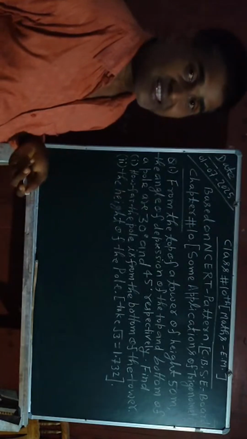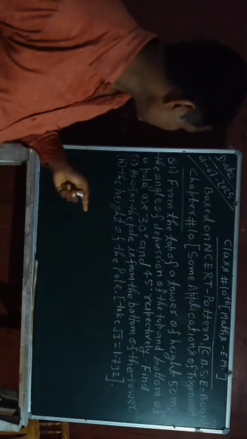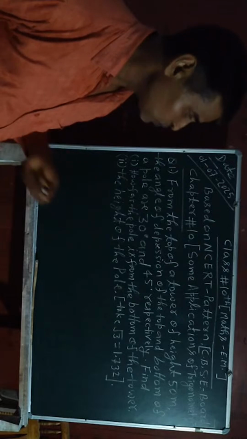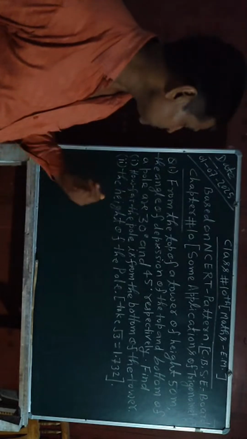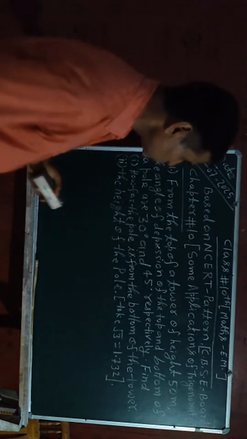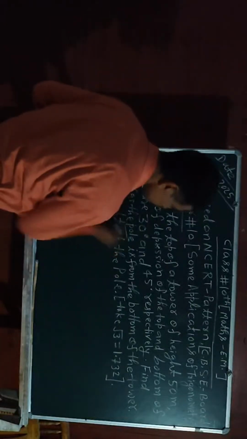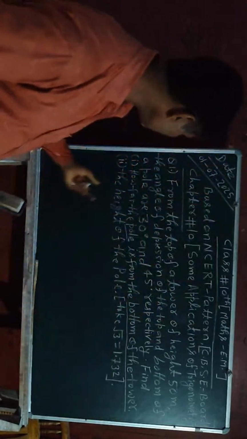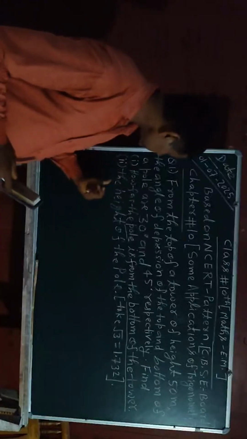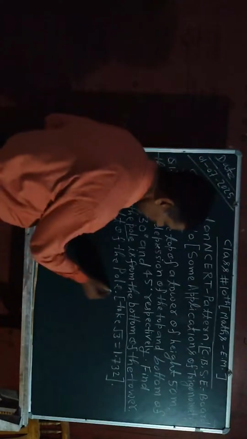The requirement is, first, we have to find the distance between the pole and the bottom of the tower. That distance we have to get. Now here, also find the height of the pole. We have to find the height of the pole.